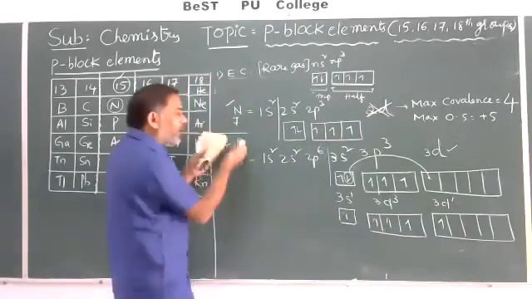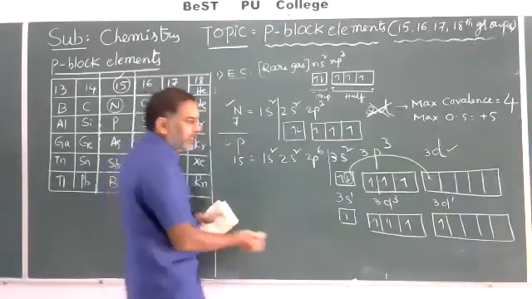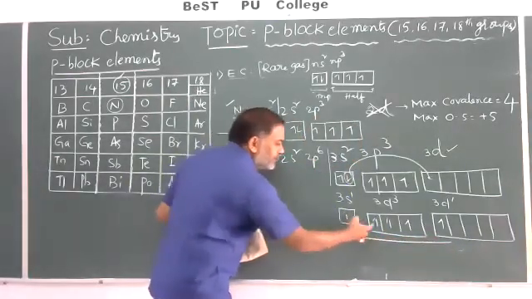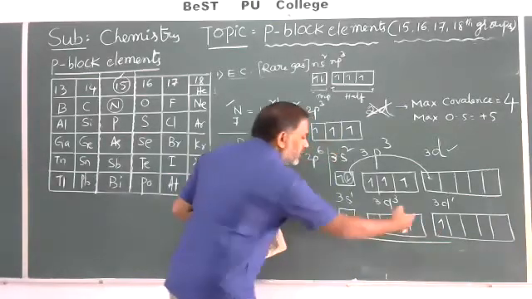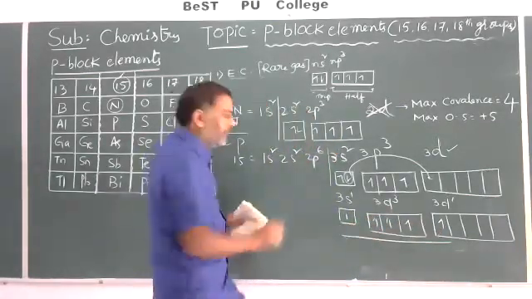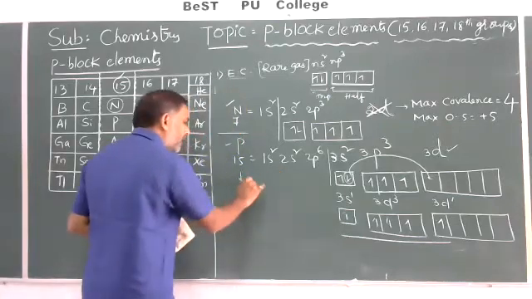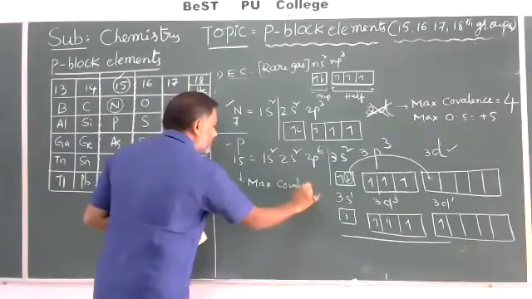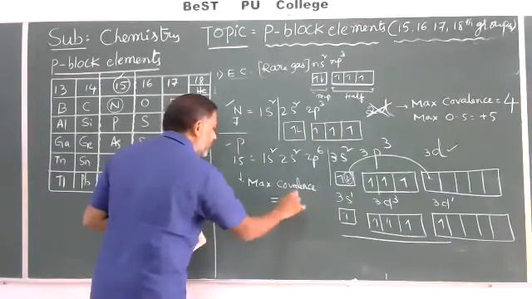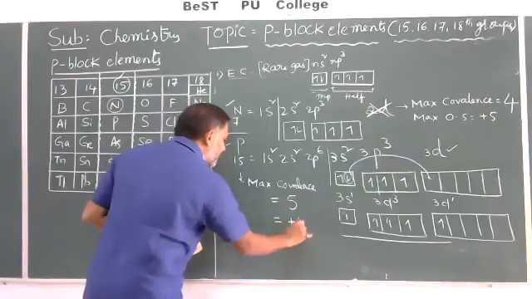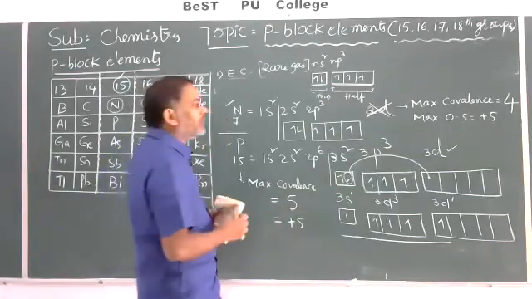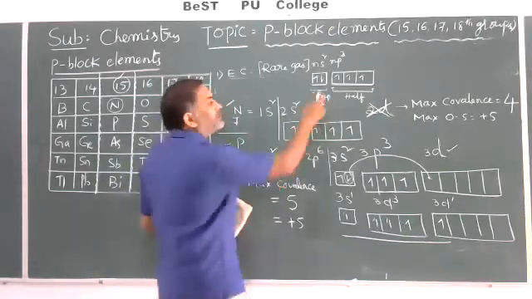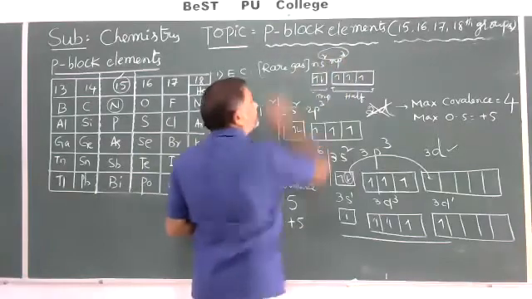Whereas in the case of phosphorus and the other elements, the maximum covalency is 5, because all these 5 valence electrons are involved. That's why the maximum covalency is 5 and the oxidation state also exhibits a maximum of +5. The oxidation state should not exceed the number of valence electrons.